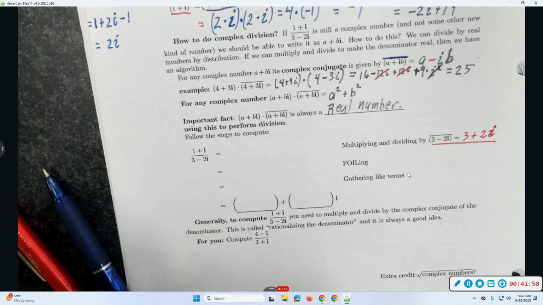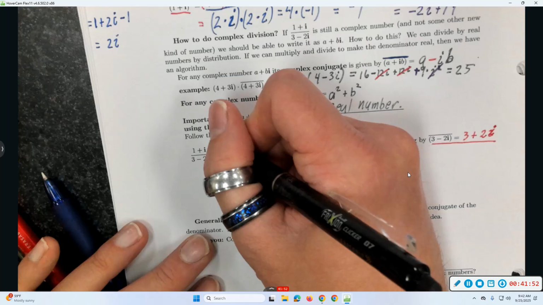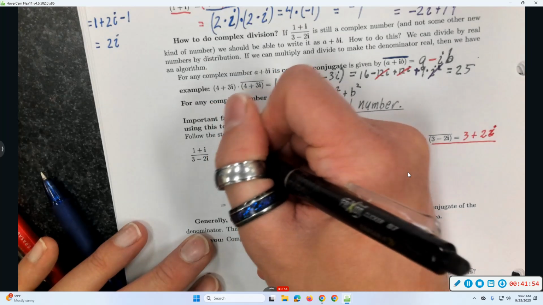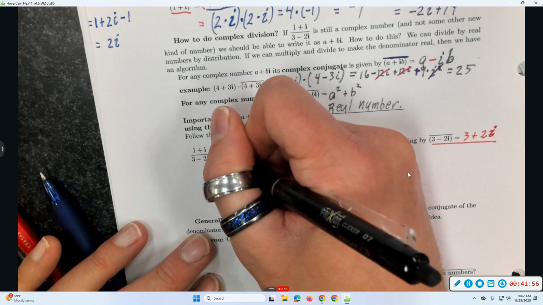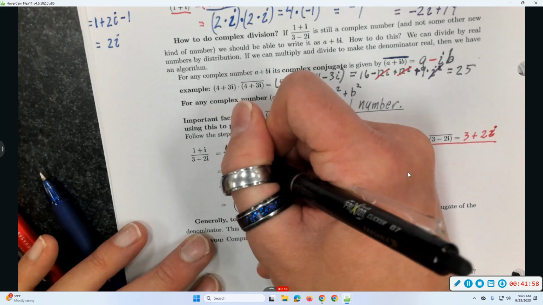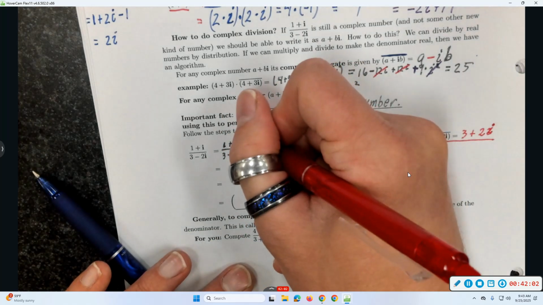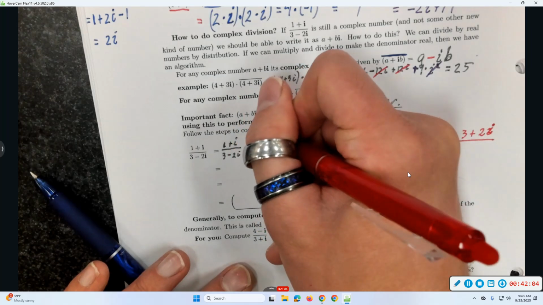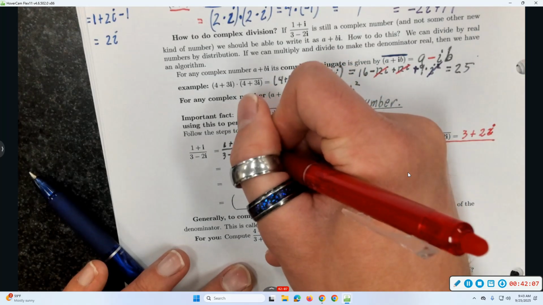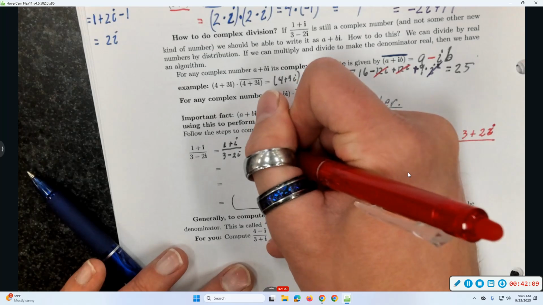That will leave me with 1 plus i divided by 3 minus 2i multiplied by 3 plus 2i divided by 3 plus 2i.